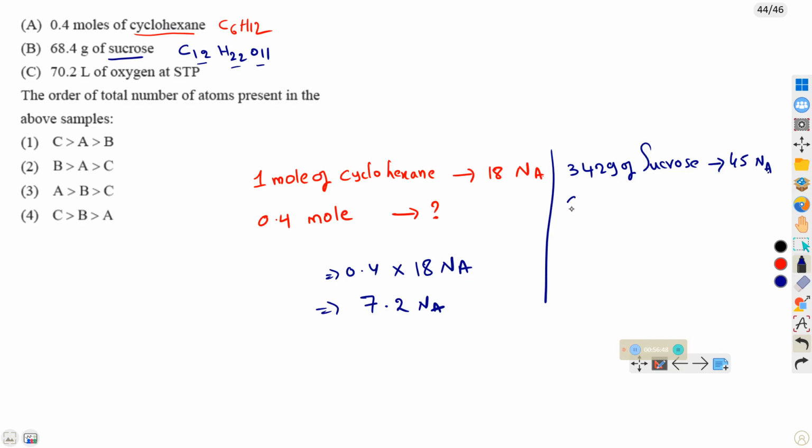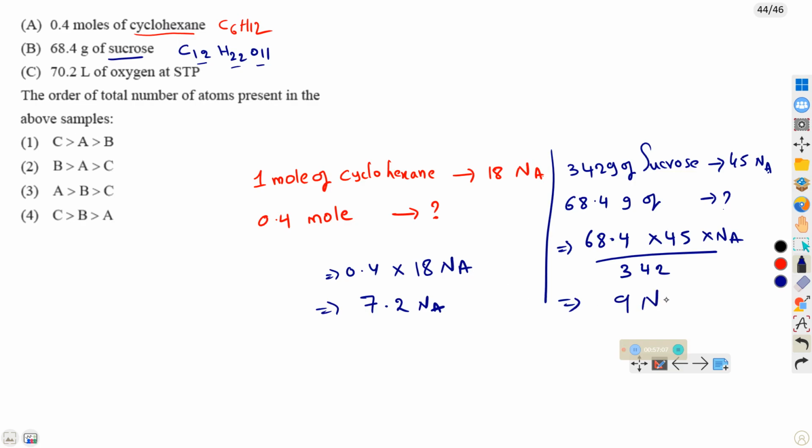Then 68.4 grams of sucrose contains how many atoms? 68.4 into 45 into Avogadro number by 342. Simplify, then you will get 9 into Avogadro number. So based on this, B is greater than A. Two options are still there.